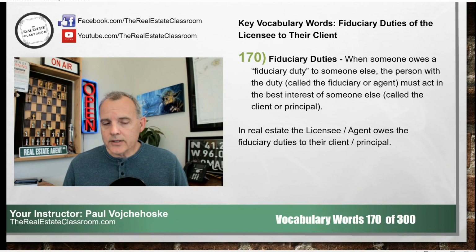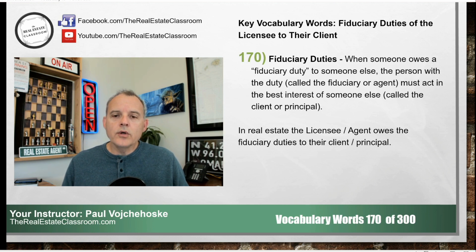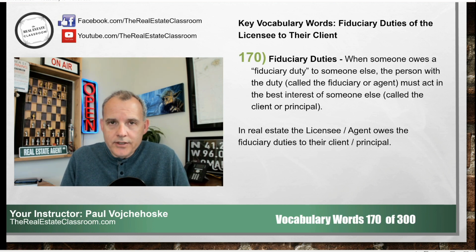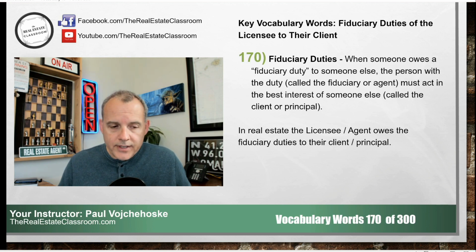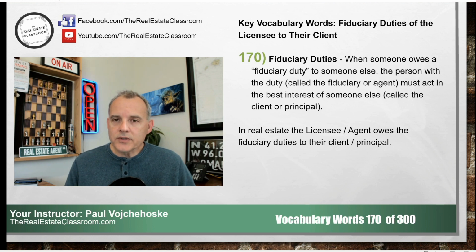In the context of a real estate relationship, the licensee or agent, remember that the licensee and agent are one and the same, owe the fiduciary duties to the client or principal. And remember, client and principal mean the same thing. So let's talk about specifically what those fiduciary duties are that you have to know.